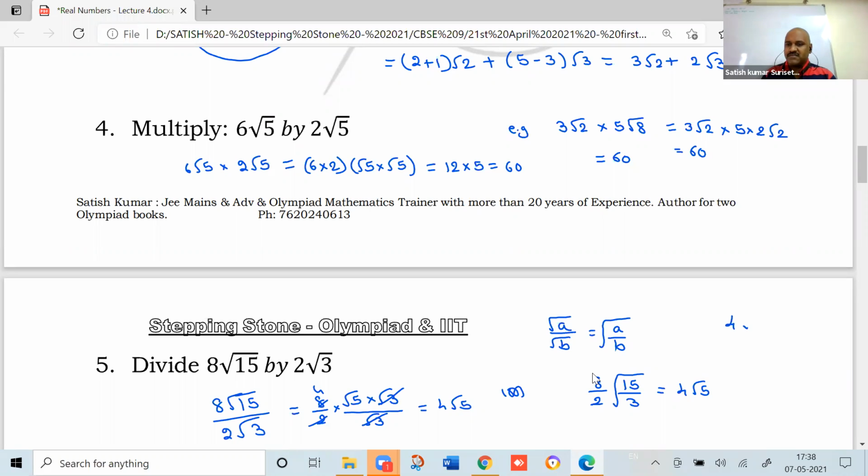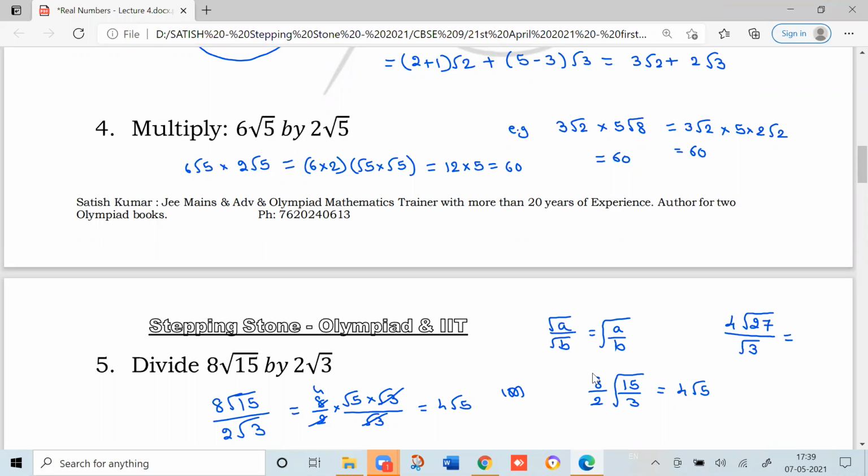Do this. 4 root of 27 upon root 3. What does this become now? Yes, 2 root 3.